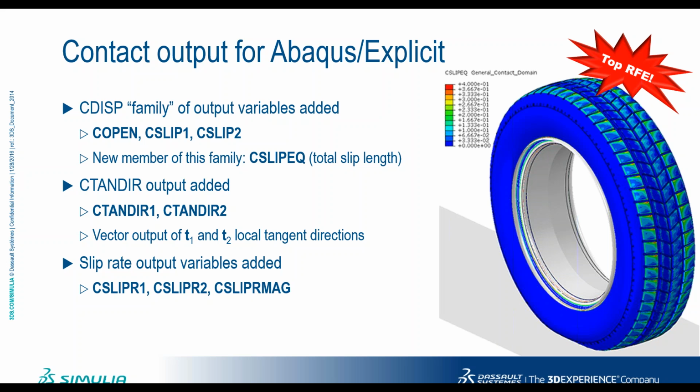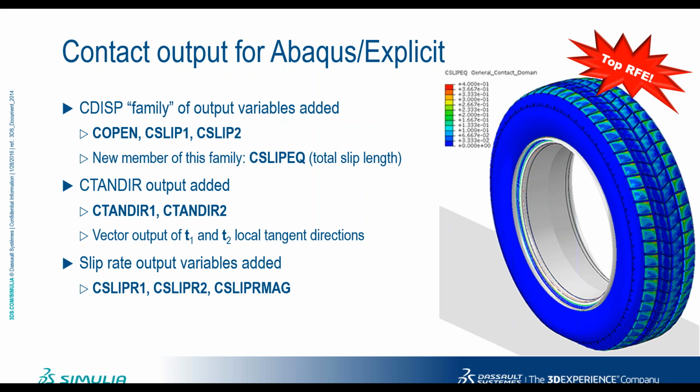Furthermore, it was requested by many of you, contact outputs for Abaqus Explicit were extended, so now you can get similar contact outputs as in standard. You can get the contact openings and the slips from contacts, and as you see, you can get the tangential directions and slip rates as well.